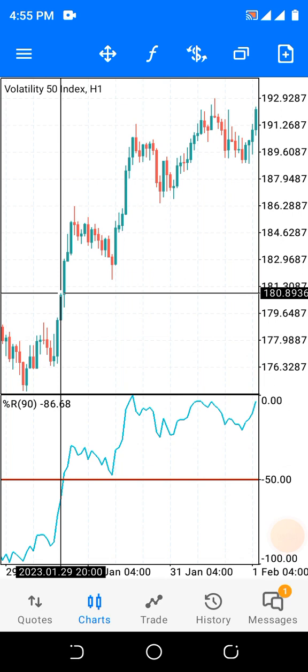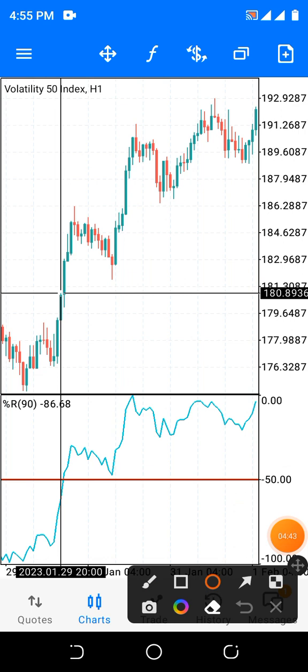So this is where I want you to make your buy entry. Here this is a crossing and I want you to make your buy entry here. So your stop loss should be at the previous higher high. That is where your stop loss should be.